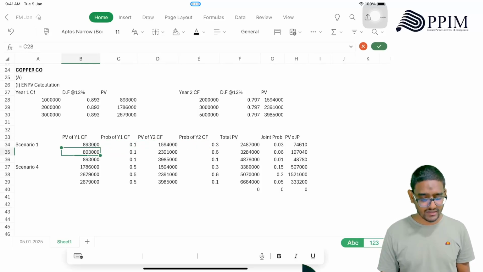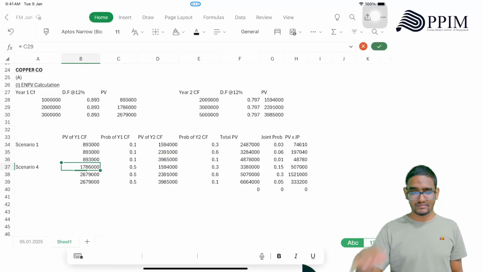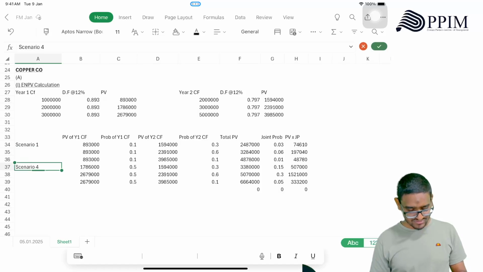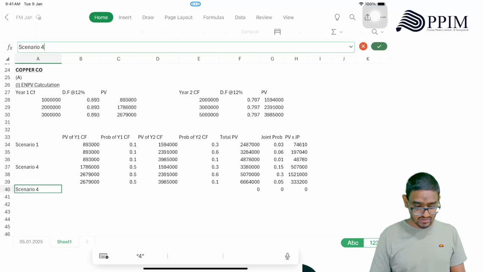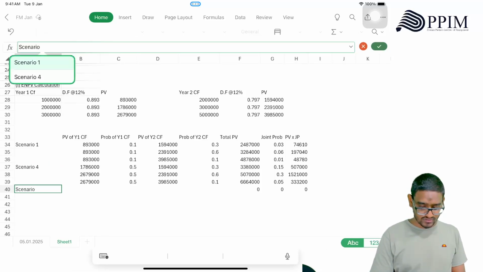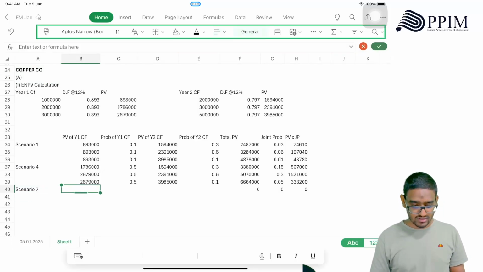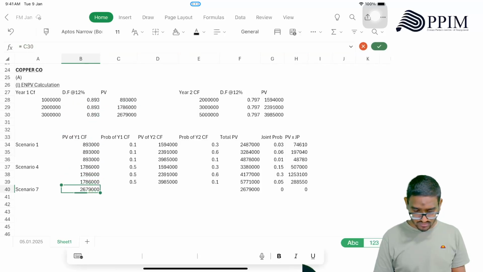Second scenario, year 1 893, second year 239. Third scenario, this is fourth. Without typing everything, I'll just put it. If you want me to type everything, I'll do it. Not an issue, just that it's annoying enough to type. So this will be 4, 5, 6, 7. 911. Yeah, so we're going to 9. So the third one or seventh one will be 2, 6, 7, 9. Something wrong here. This will remain the same at 1.76.